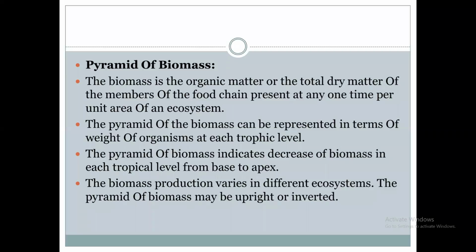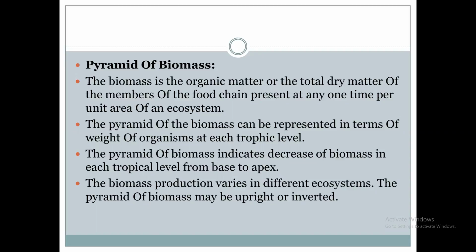Biomass is the organic matter. What we call biomass in Marathi is jeevvastumaan. The mass of that particular type of animal, the biomass of that plant, etc. The biomass is the organic matter or total dry matter of the members of the food chain.